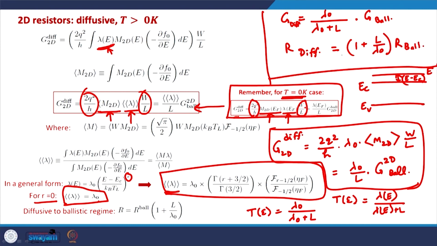These calculations of ballistic conductance and resistance at room temperature we have already done, so they can be done similarly.